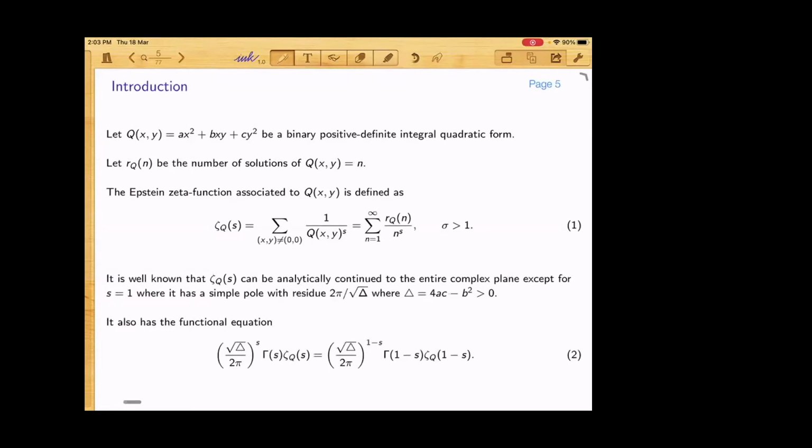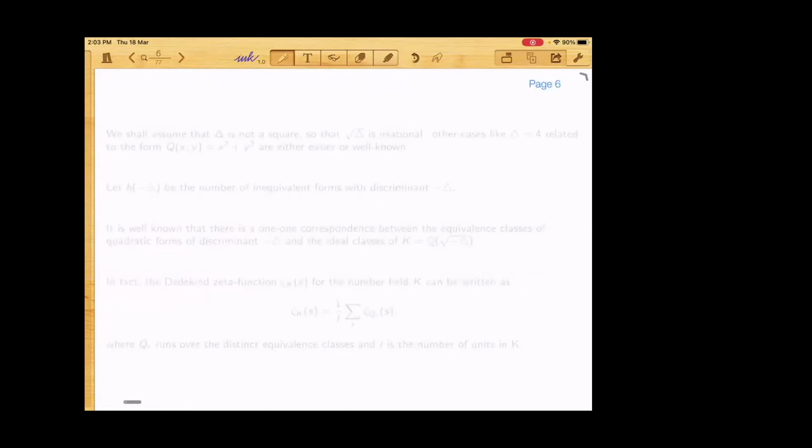And it satisfies a nice functional equation of the Riemann zeta type, relating s to 1 minus s with these gamma factors. And we shall assume that delta is not a square, so that square root of delta is irrational. Other cases like delta is 4 and so on, trivial cases, are either easier or well known.